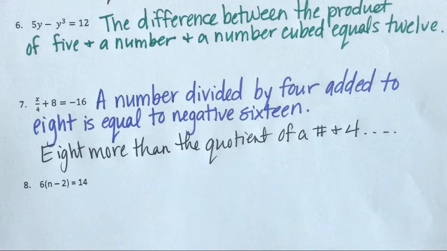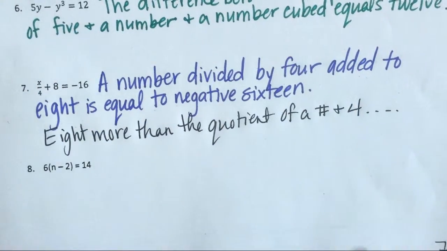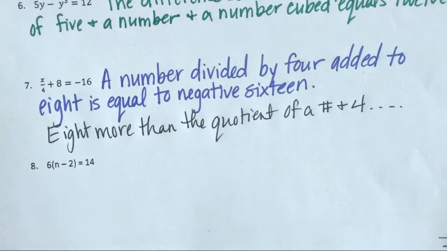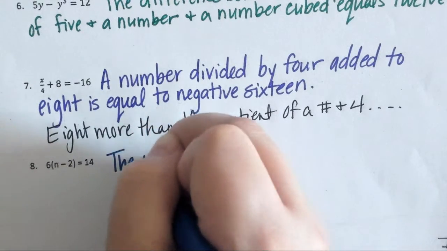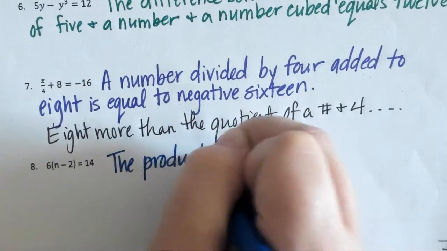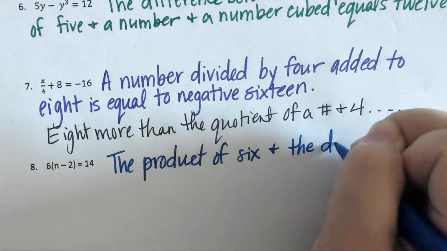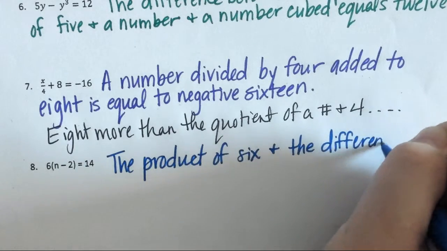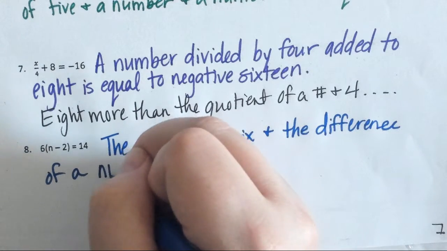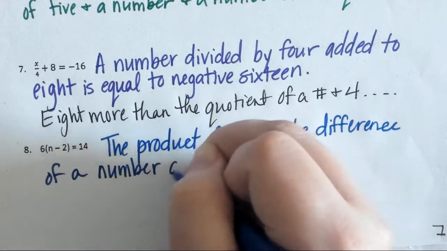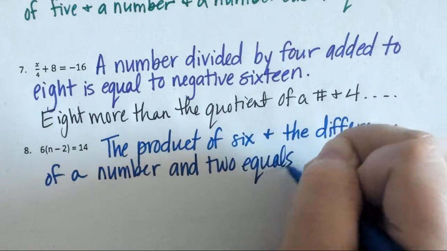Okay, and then the last one I think is the hardest because it's parentheses, and since we are low on time and I do love you, I will give you that one. Oh, I thought I had a hand up and everything. I was really proud. Okay. I'm going to say the product of 6 and the difference of a number and 2 equals 14.